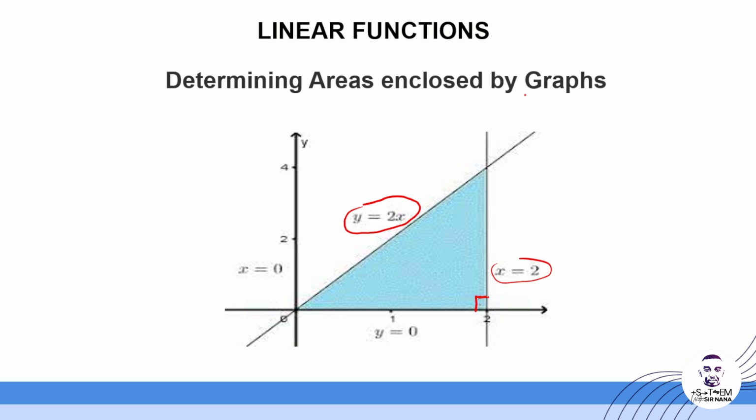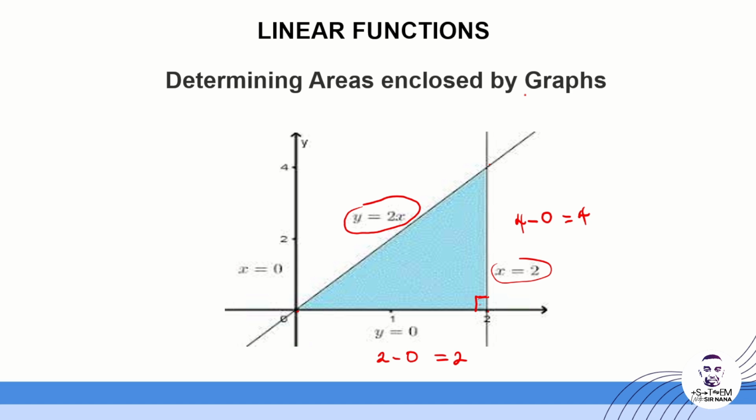So we see a right angle triangle here. And we can see that the distance from the origin here to the point here is 2 minus 0, which gives us 2. Right, and the distance from the point here, which is 0, to the point here will be basically 4 minus 0, which is equal to 4.